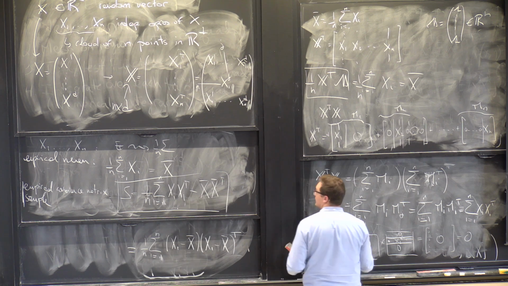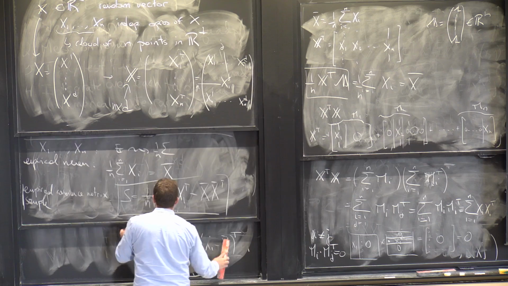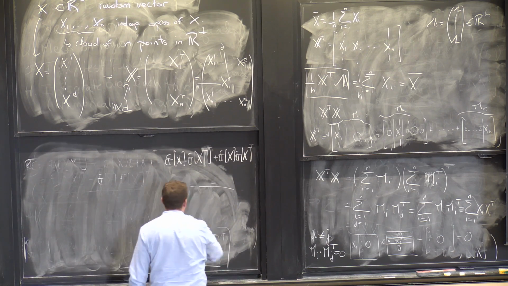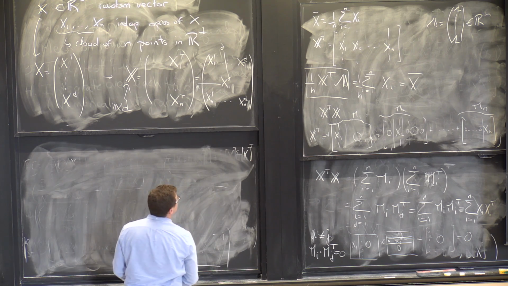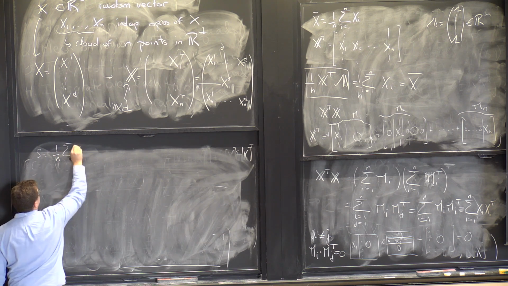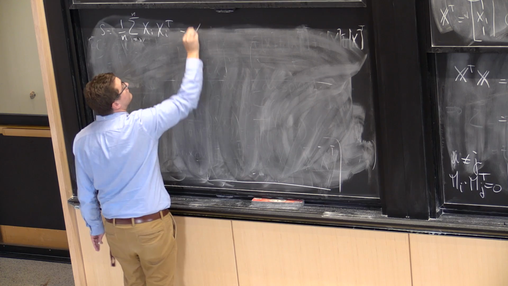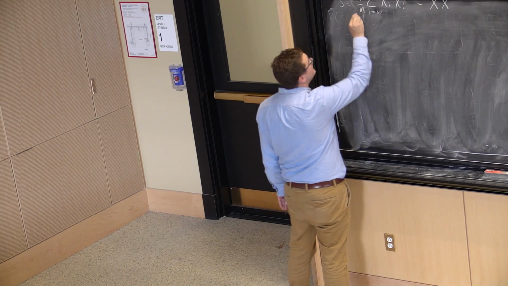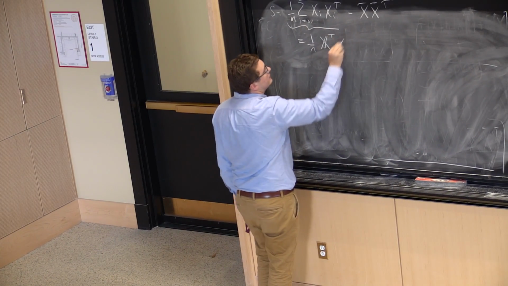OK, so let me rewrite S. All right, that's the definition we have. And we know that this guy already is equal to 1 over n x transpose x.